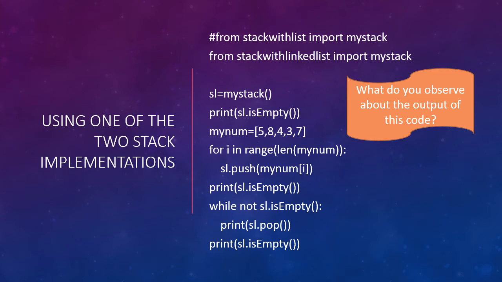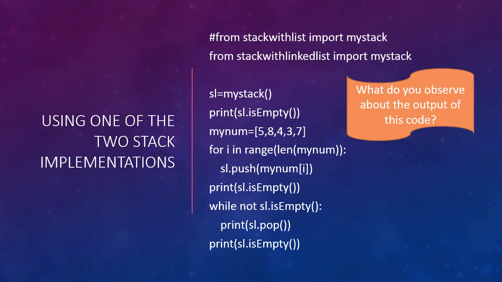Now we come to using one of the two implementations of my stack class. In the beginning, I have written two lines. From stack with list, import my stack. From stack with linked list, import my stack.